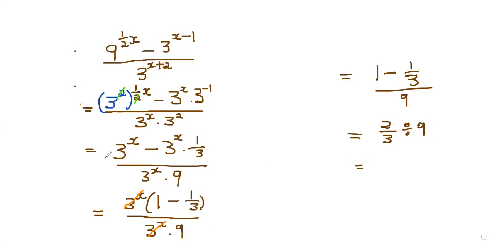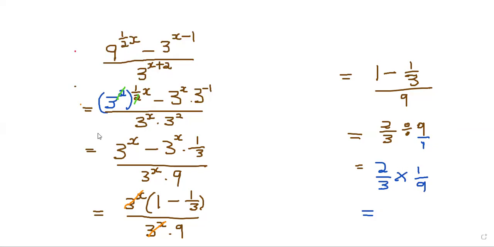So here, when you arrive here, you know that 9 is the same as 9 over 1. So this, you can write as 2 over 3. And then you introduce a multiplication sign. You do the reciprocal. The reciprocal simply means the denominator becomes the numerator and the numerator becomes the denominator. So you're going to swap them. So that will be 1 over 9. So here, we're going to now have a multiplication sign.